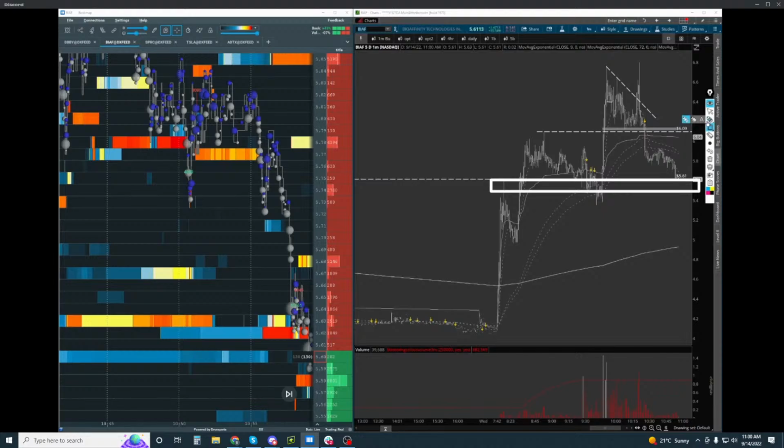But we're going to look if we're going to bounce from here. I'm not short, I'm not holding personally this trade, this short. We're going to see if we're going to have a setup.